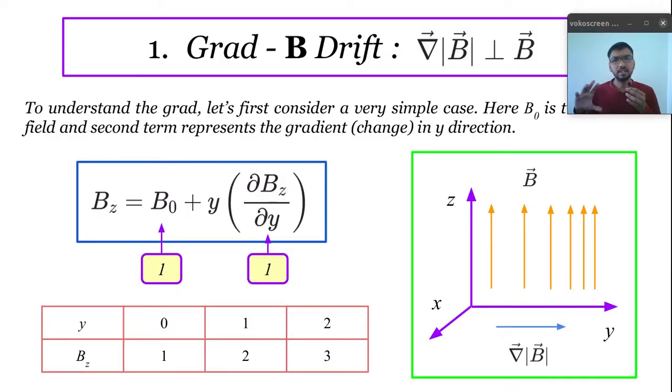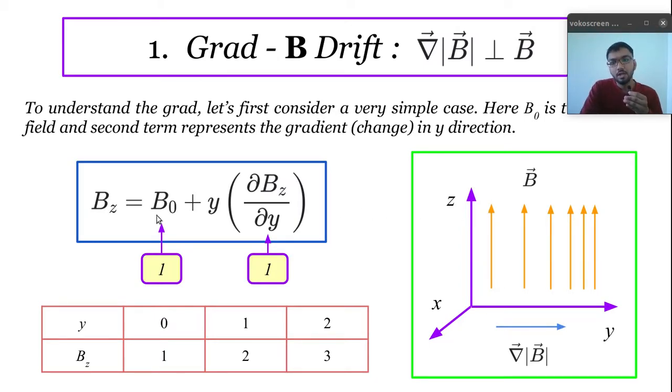Let's first discuss Grad-B drift. Now, to understand this, it is very important to learn what grad is. What does it mean? So let's consider a very simple case. As you can see in this equation, we have Bz, the magnetic field in the z direction. In this picture, all these orange vectors are magnetic field Bz vectors.